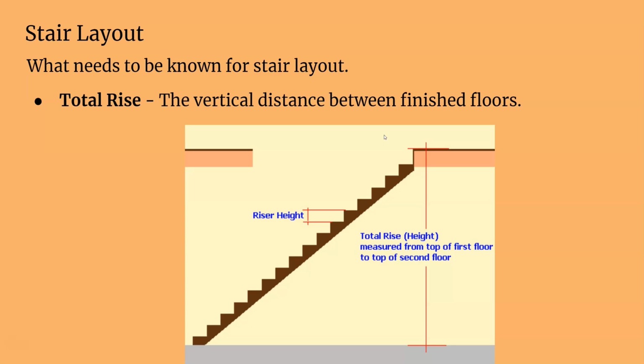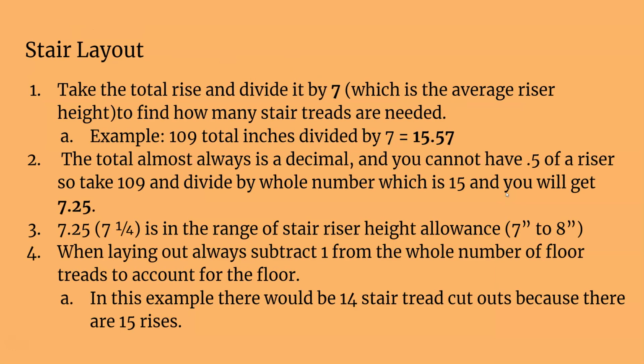So what do you need to know for laying out your stairs? It's the distance between finished floor to finished floor. From the first floor to the floor that will be finished up here, that is what you need to know for your total rise height.